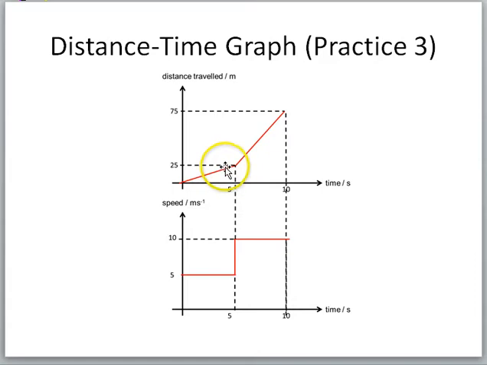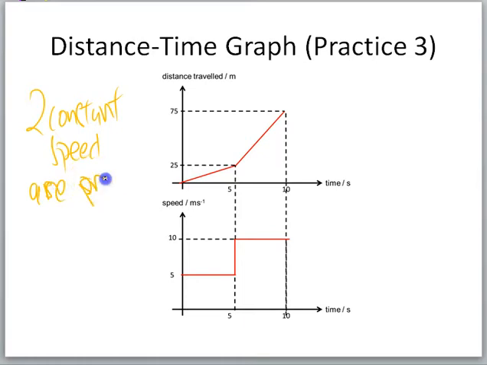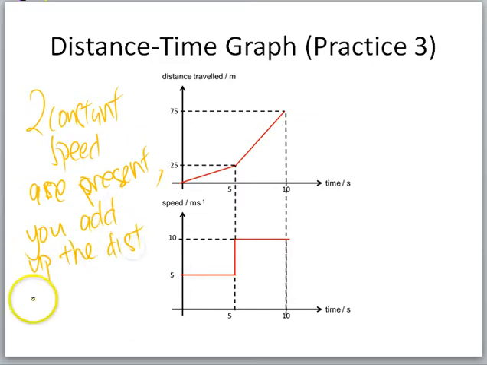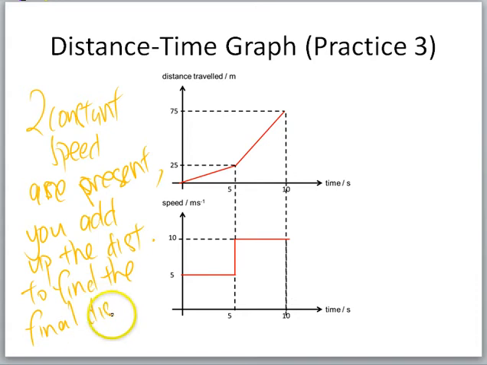So take note, when there are two constant speeds, you have to add up the distance.